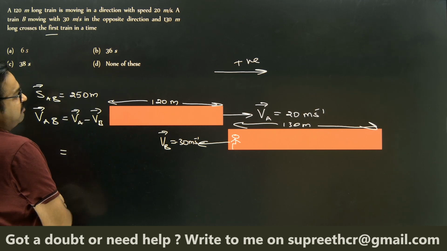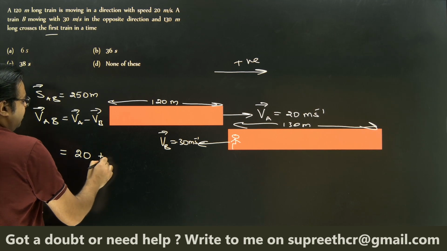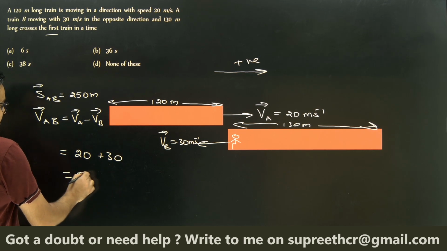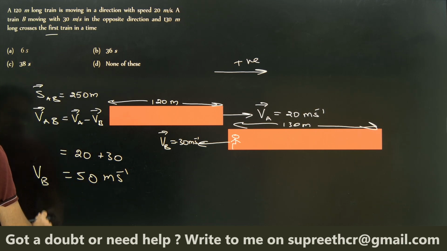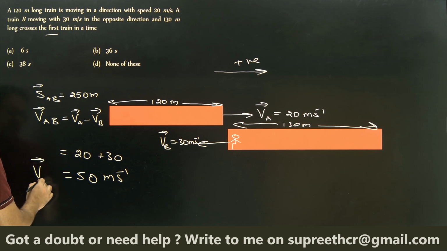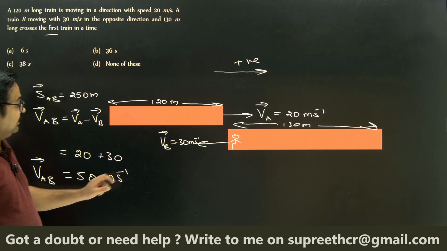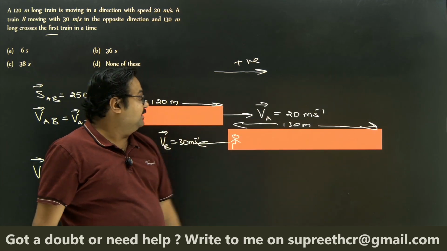Dear friends, VA minus VB would be 20 minus of minus 30, which is 50 meter per second with a positive sign. That means the velocity of train A as seen by B is 50 meter per second in the positive x direction. You will see this train moving in the positive x direction.